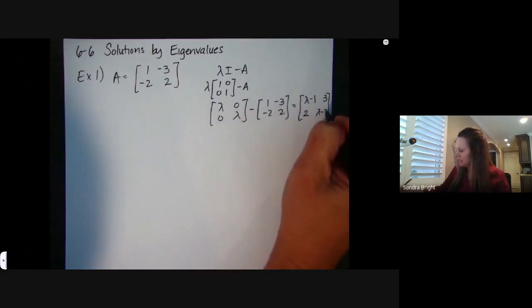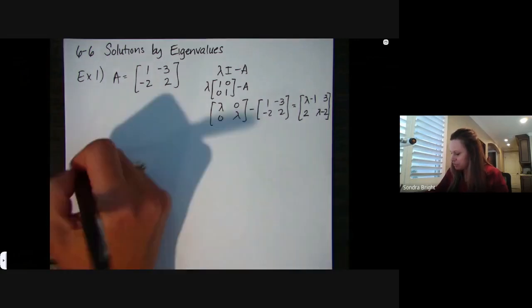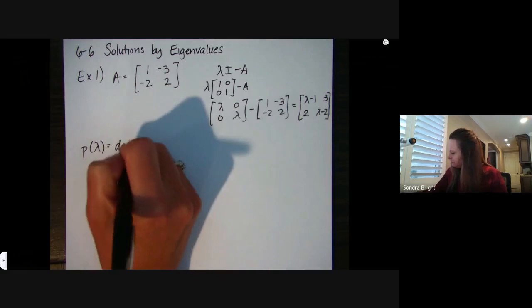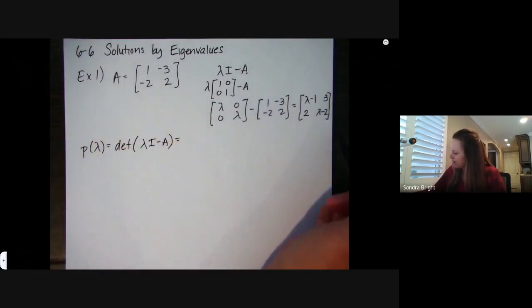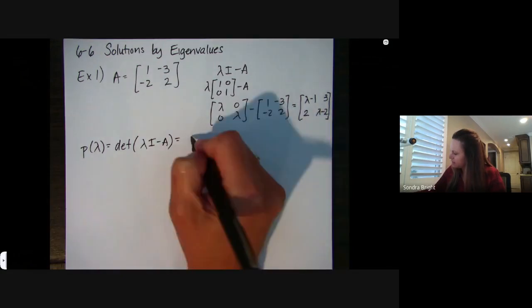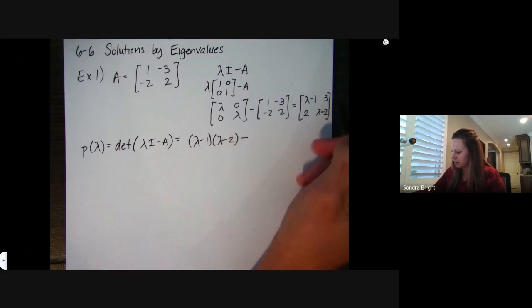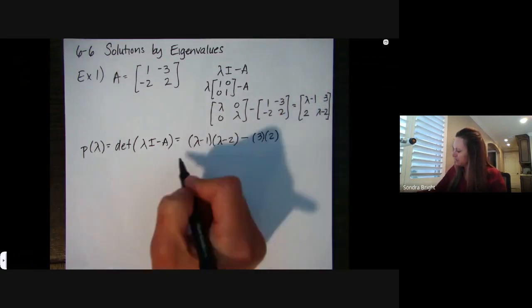Then we found the characteristic polynomial by finding the determinant of lambda I minus A. It's a 2 by 2, so just multiply down the diagonal, lambda minus 1 times lambda minus 2, minus multiplying down the other diagonal, which was 3 times 2. What does this give you?